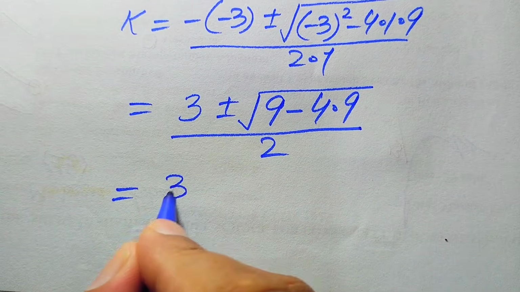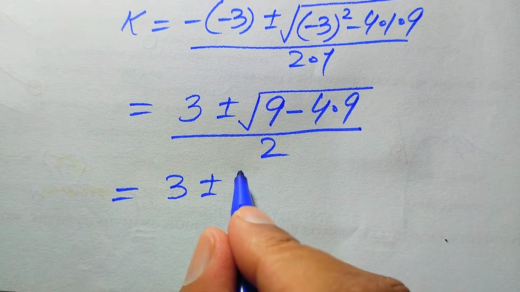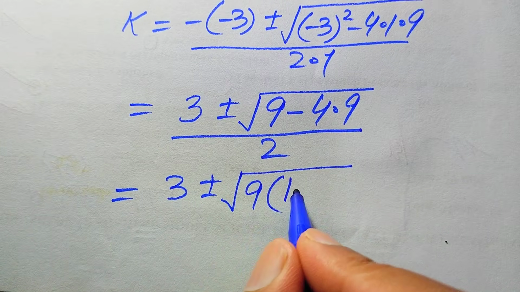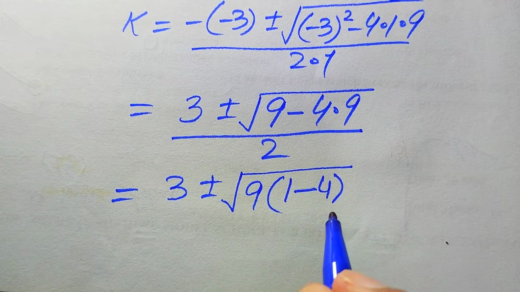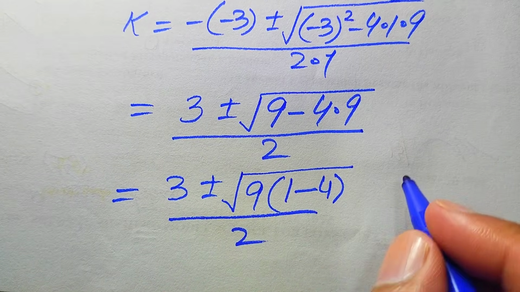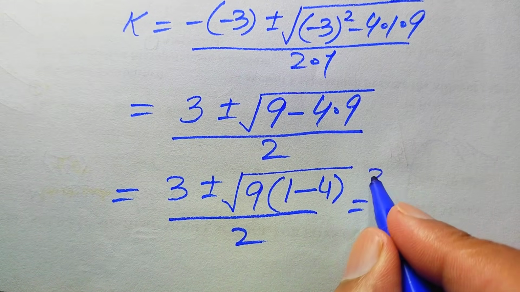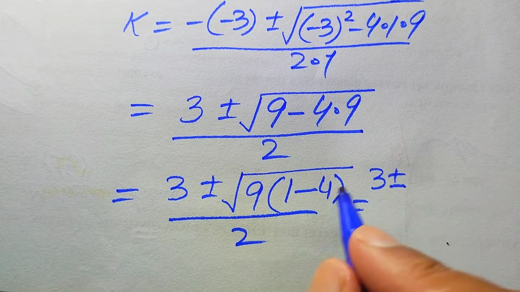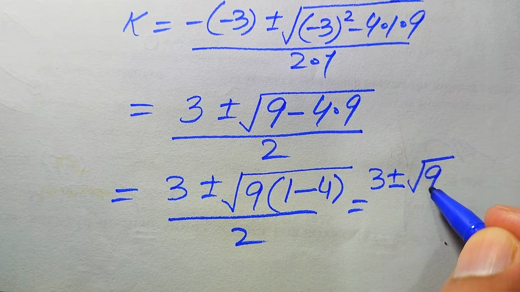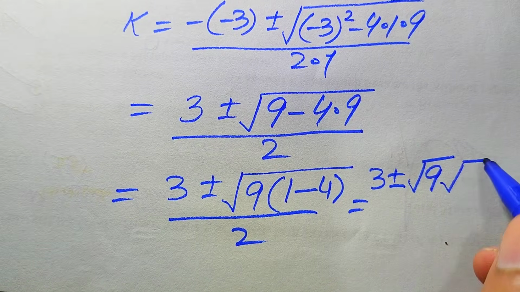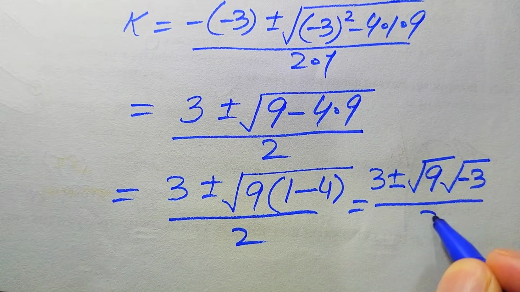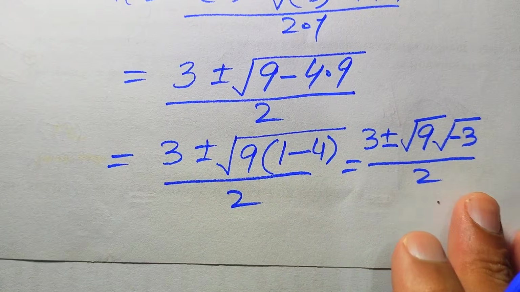And in the next step we have 3 plus minus, inside the square root sign we take common 9, and when we take common 9 the remaining values are 1 minus 4, and it is divided by 2. So here we simplify the terms and we get 3 plus minus. Here we apply square root separately on both of these two values and we get square root of 9 into square root of 1 minus 4 becomes minus 3, and it is divided by 2.